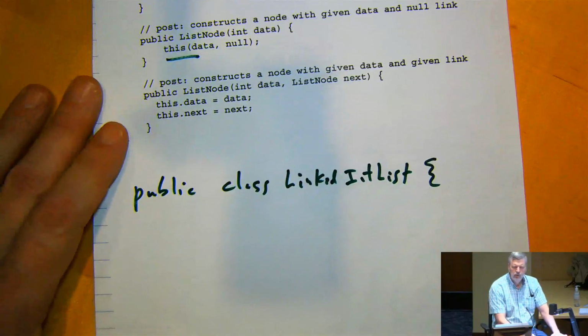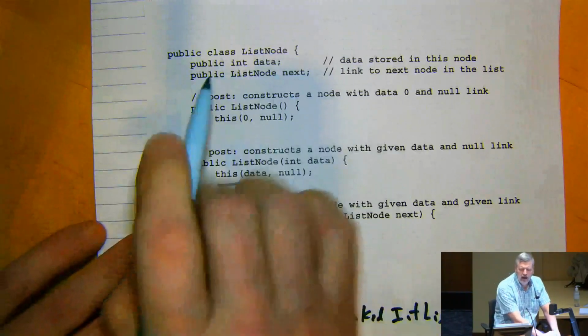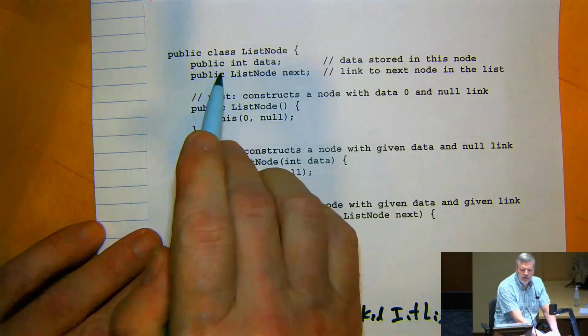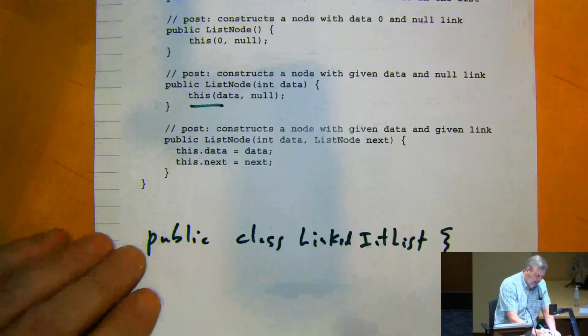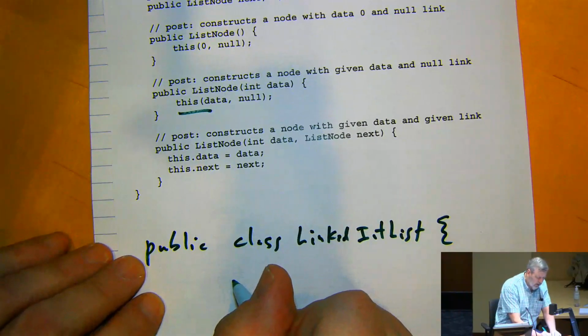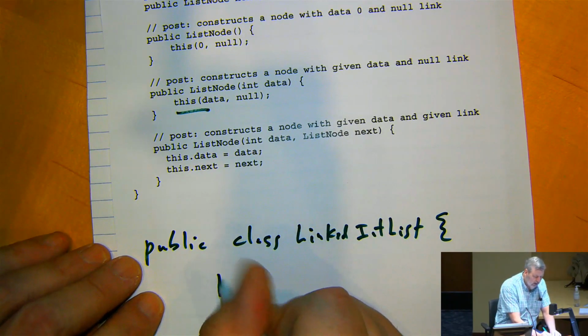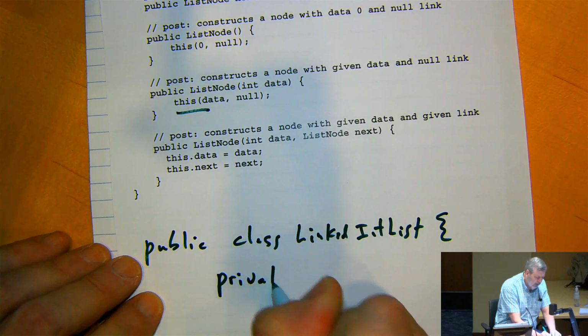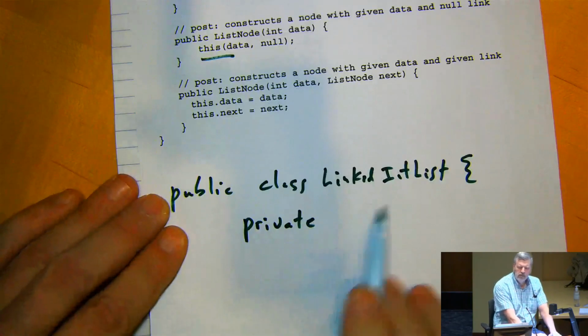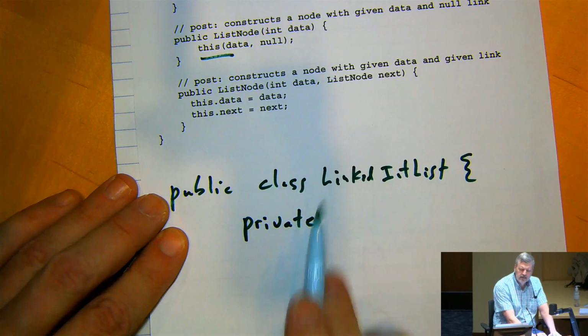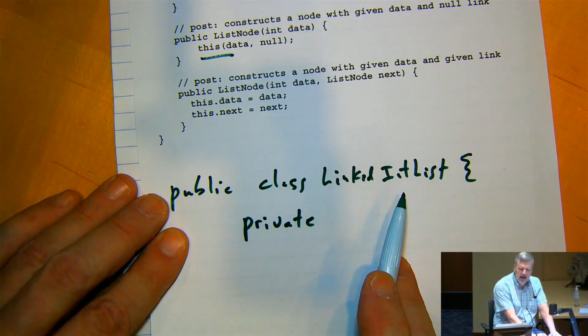So how are we going to do that? I mentioned that we have public fields here, and I'm going to talk about that in a second. But we're going to want to make sure that this class is encapsulated well. So any fields we introduce, we're going to want to have be private for our LinkedIntList class, because this is the class that a client is going to access.